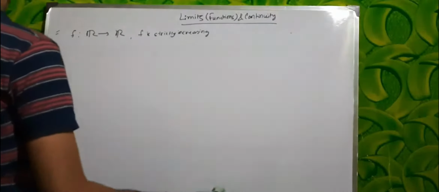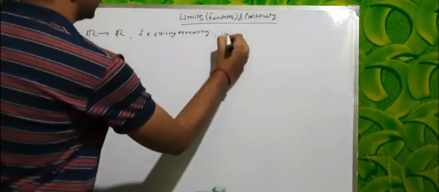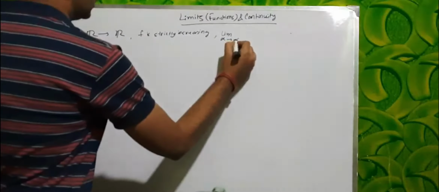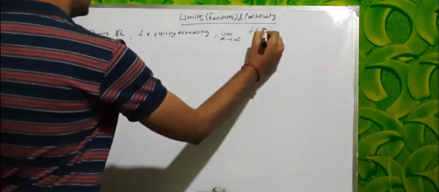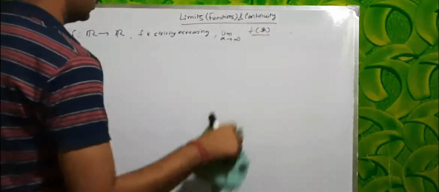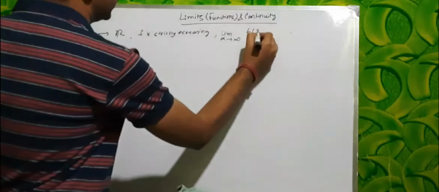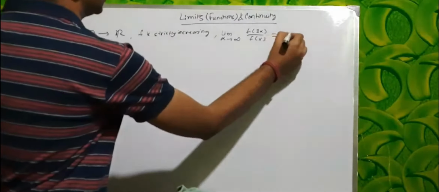And what more is given is limit x tends to infinity f of 3x by f of x is equal to 1.